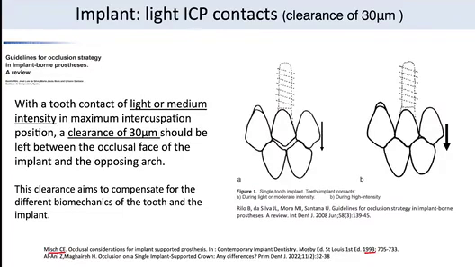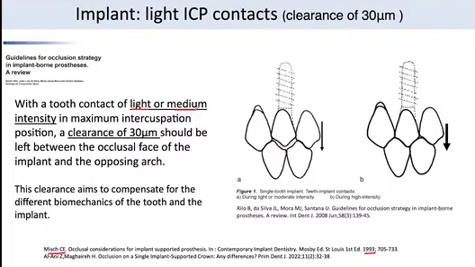When the patient is in contact, with light or medium intensity, you come to ICP with light or medium intensity.